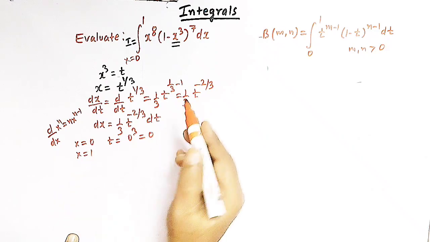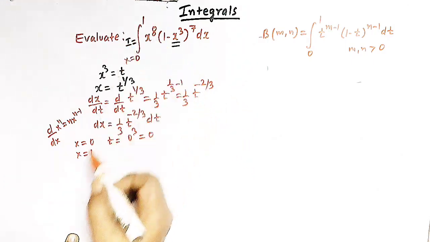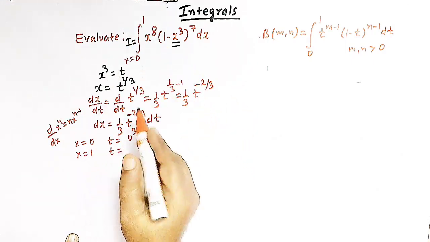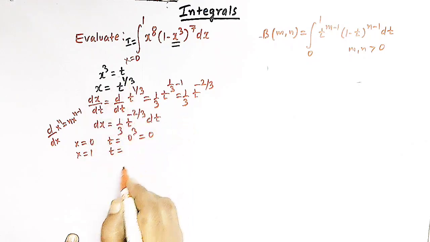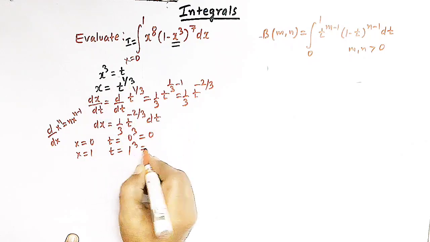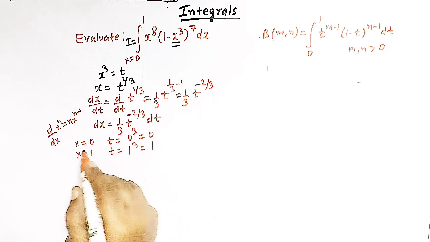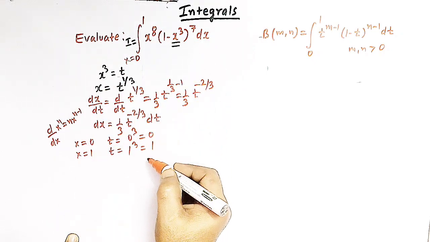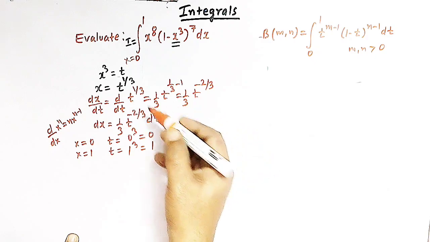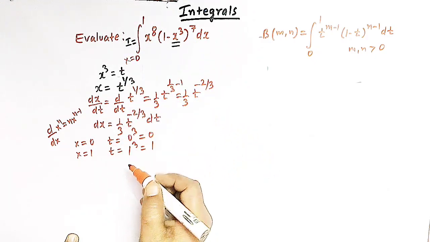And when x is equal to 1, 1 is the upper limit, then the value of t can again be calculated from this relation. So we have 1 cube, that is equal to 1. So we can see that when x varies from 0 to 1, t also varies from 0 to 1. So the limits remain the same.